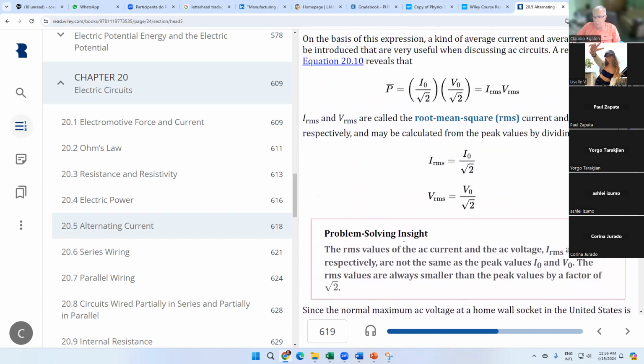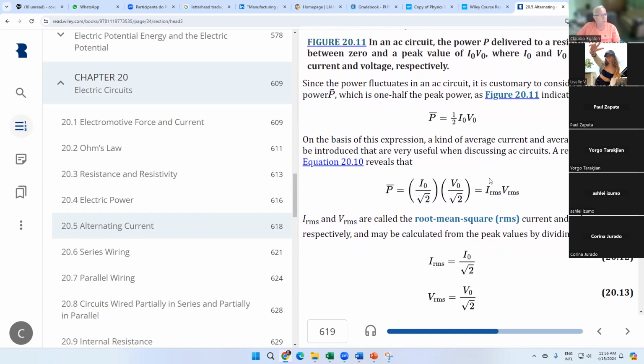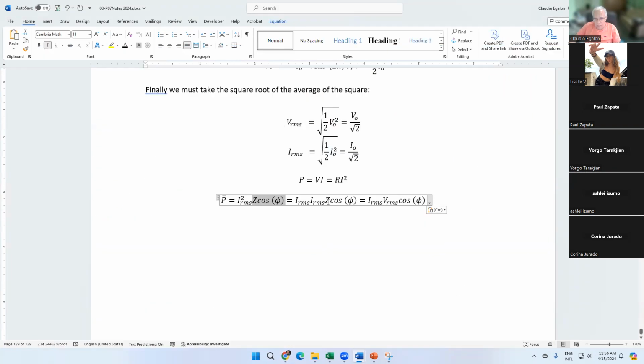And that's what we end up having for the power. The book is not putting the cosine in there, so I'm going to take it out, but strictly speaking, it becomes this term multiplied by this term, divided by 2.